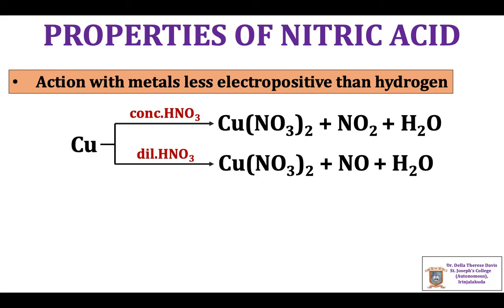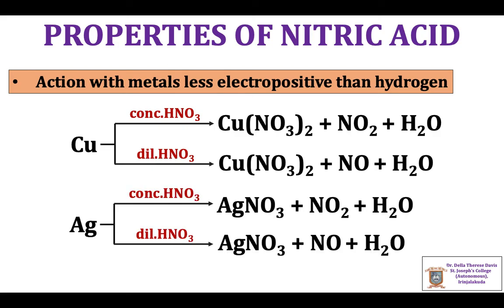If we use dilute nitric acid, it is reduced to NO. Similarly, silver reacts with concentrated nitric acid to give silver nitrate and NO2. With dilute nitric acid, it gives silver nitrate and NO.